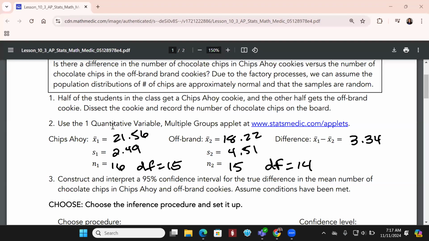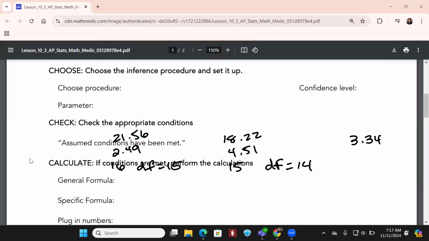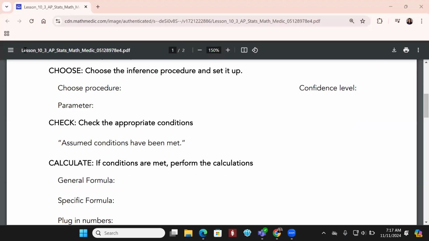So we're going to choose our procedure. This one is going to be a 2-sample t-test. I'm writing it out: 2-sample t.